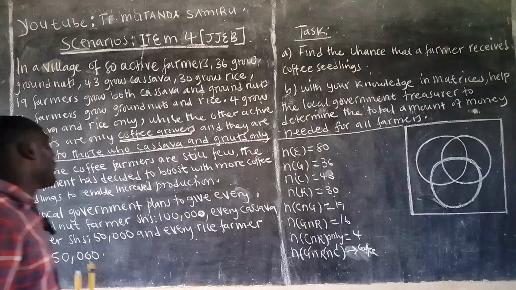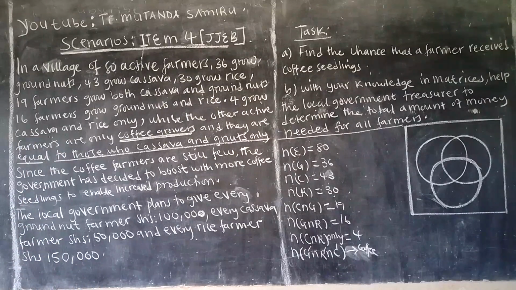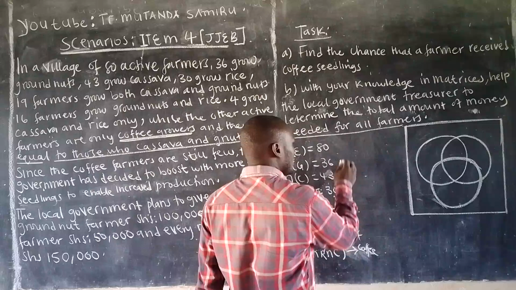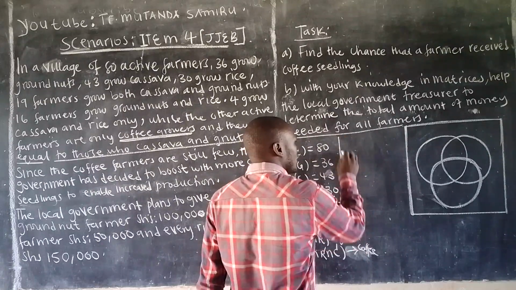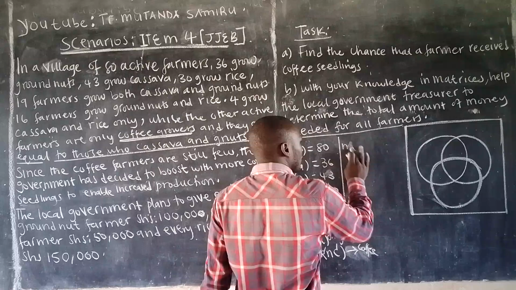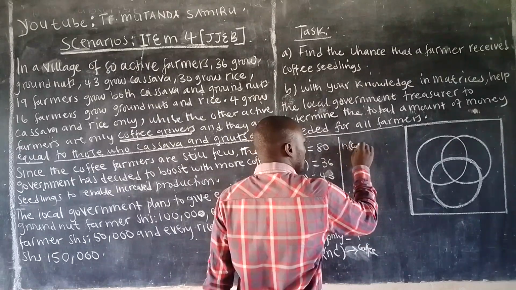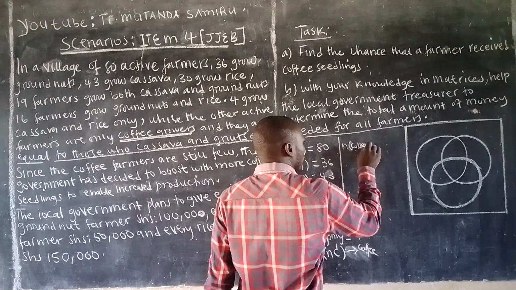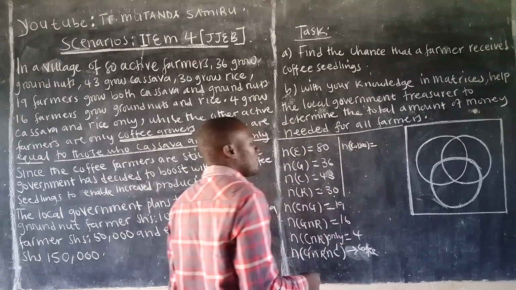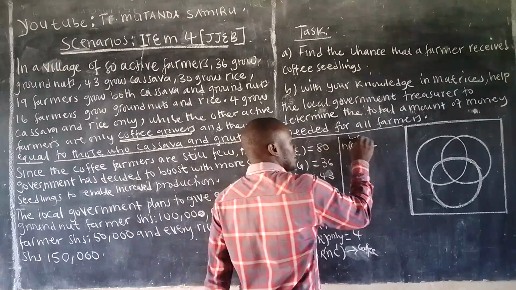But then listen, we have a logic part here. They are saying that the number in coffee must be equal to the number in coffee. This is the logic part.